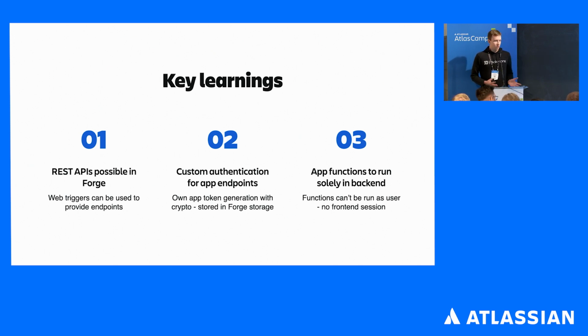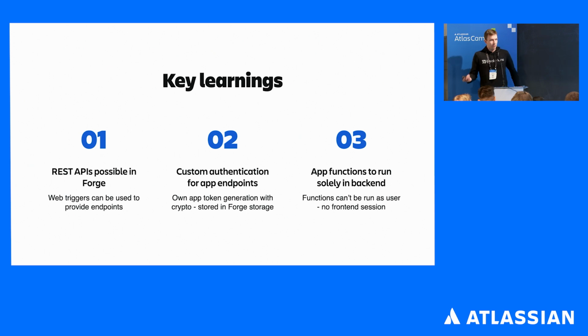We had to build our own solution. Did that with Crypto and the app-specific tokens. And as said, there's no user session, so everything has to be run in backend, and we can't run the requests as users. So we also have to consider all the permissions the user has, and if something fails, we have to return an error.